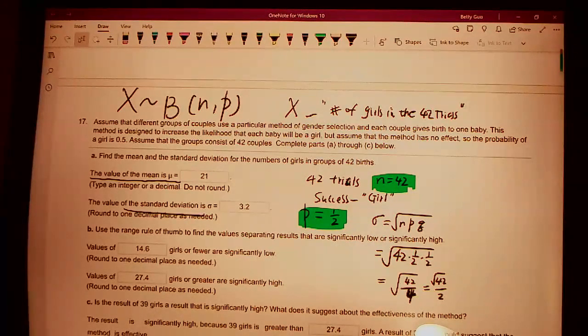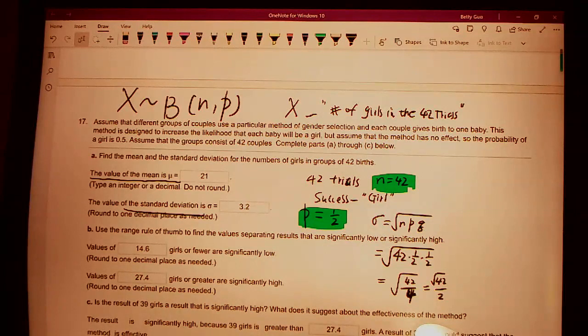Square root of 42 is 6.48, and you divide by 2. We have 3.24. And the question asks us to round to 1 decimal place as needed. So we round it down to 3.2. Guys, do you have the same thing? Awesome, very good.